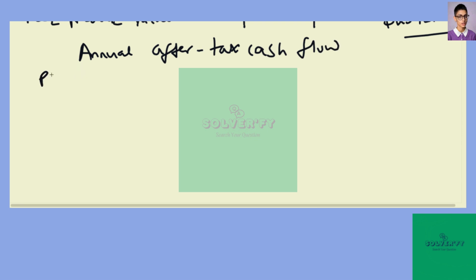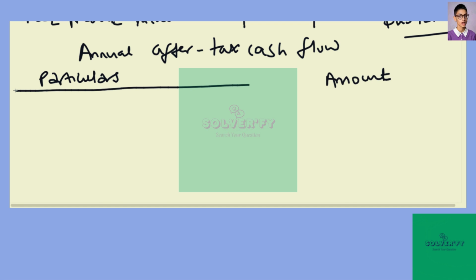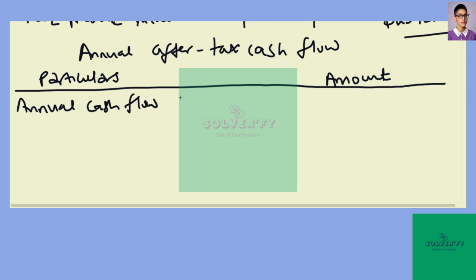We have the particulars and the amount. The first one is the annual cash flow from operations, and this is 40,000.